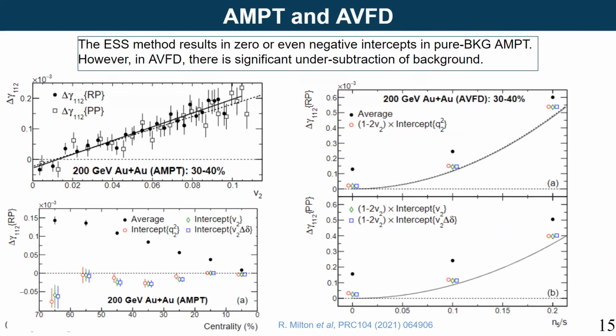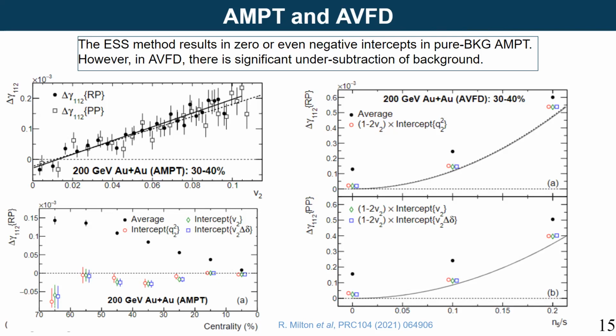So actually for AMPT, in both cases, we have over subtraction. And then if we look at this intercept as a function of centrality, in some centrality, it's good, it's 0. And in some centrality, it's slightly negative compared with the previous ensemble average. So this seems to tell us that AMPT doesn't describe the background so well.